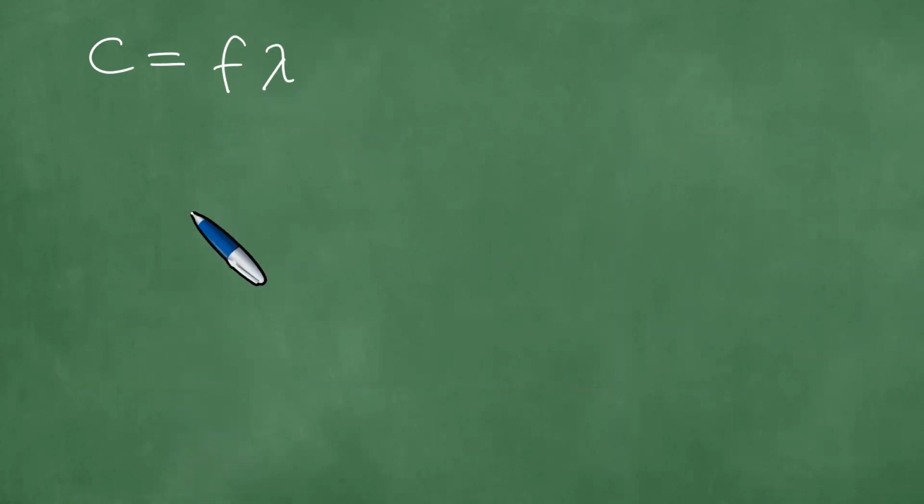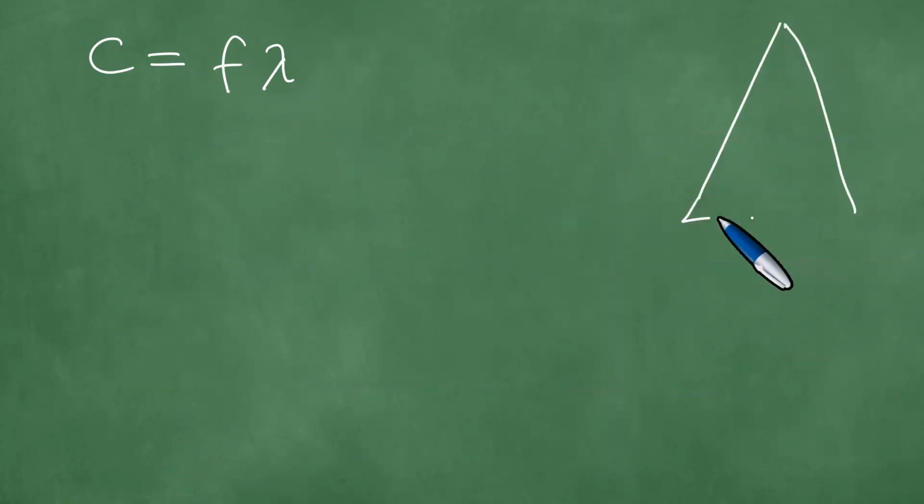And so how are we able to rearrange these and make lambda the subject? If you want to make lambda the subject, what is it, Luyanda? C over F equals lambda. Well done, well done. How did you get that answer, Luyanda?